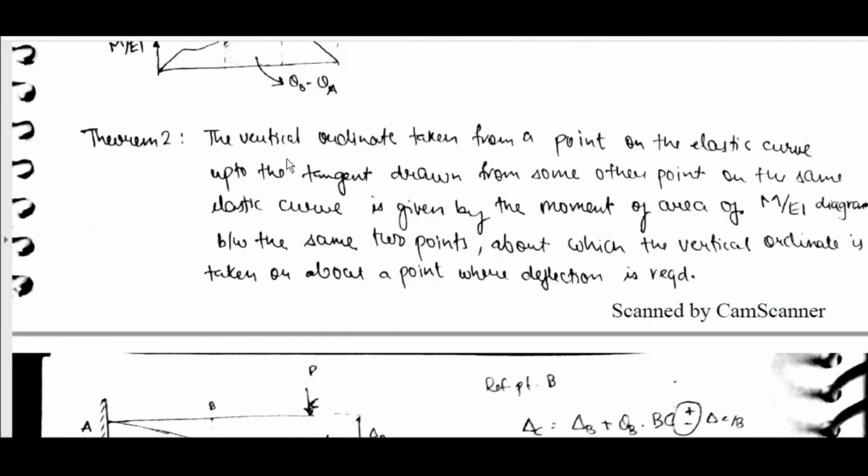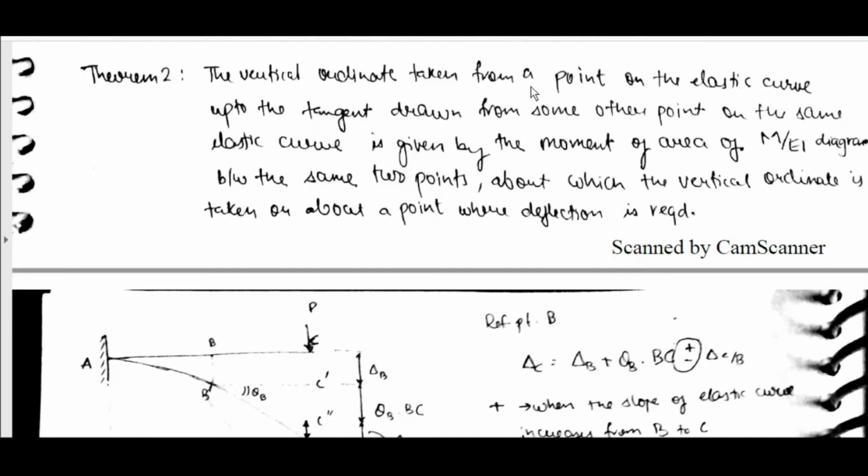Theorem 2: the vertical coordinate taken from a point on the elastic curve up to the tangent drawn from some other point on the same elastic curve is given by the moment of area of the M by EI diagram between the same two points, about the point where the vertical ordinate is taken, or about the point where deflection is required.